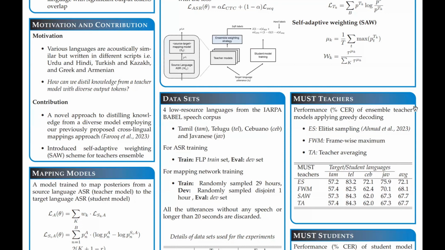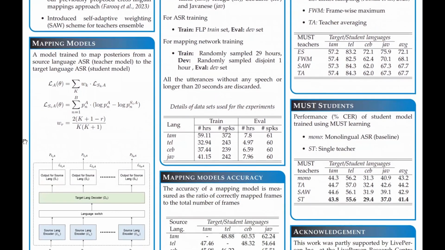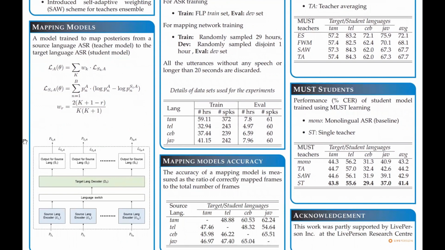So here we propose a self-adaptive scheme where, rather than selecting just one teacher at a time, we weight the teachers, and the teacher weights are self-adaptive, which means we adopt a different weight for each teacher for each utterance depending on the confidence of the teacher. But before going into that, I will recap the mapping models that we previously proposed.